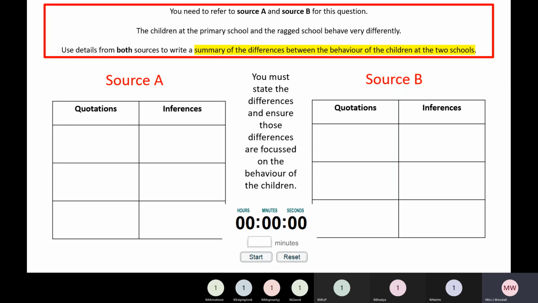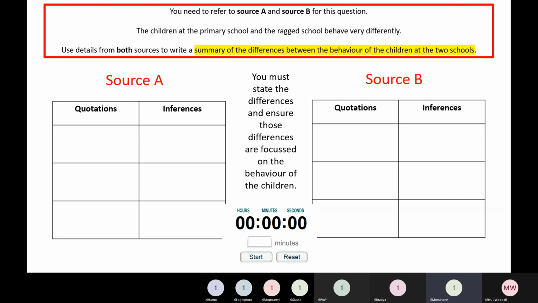Let's contrast that then. Caris, can you talk me through the behaviour in source B? What did you notice? Caris? Okay, not there. Elliot, can you do that for me?